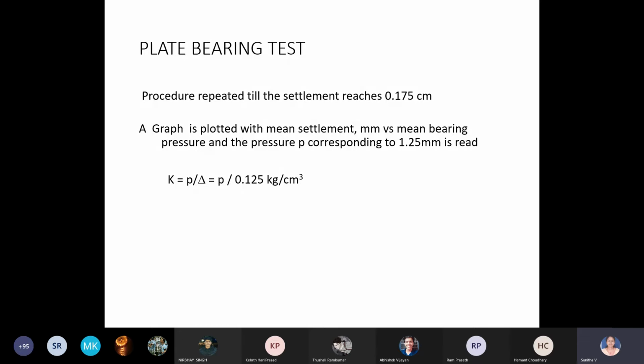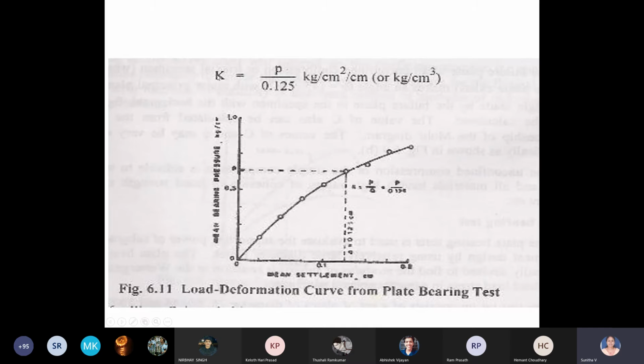This K is called the modulus of subgrade reaction, which is the pressure divided by the standard deflection, that is 0.125 centimeter or 1.25 mm. So it's in kilogram per centimeter cube.